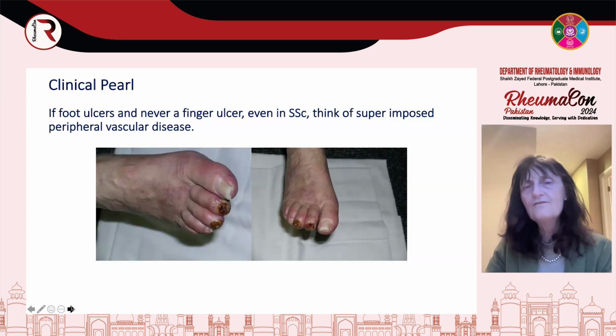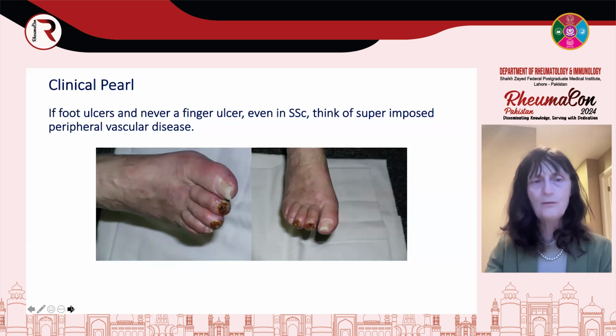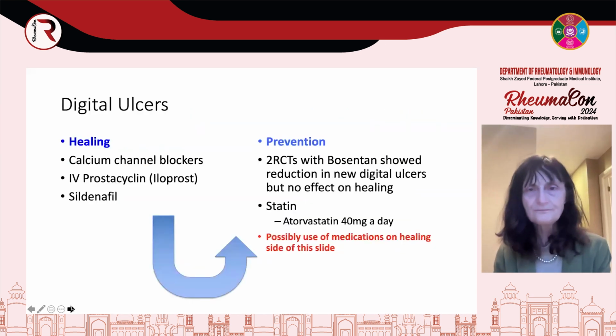So look and feel for the pulses. And if it's microvascular, you can at least treat traditional problems such as high cholesterol, type 2 diabetes, etc. But if it's more in the feet than on the hands, there's vascular disease superimposed, in my opinion, micro or macrovascular.